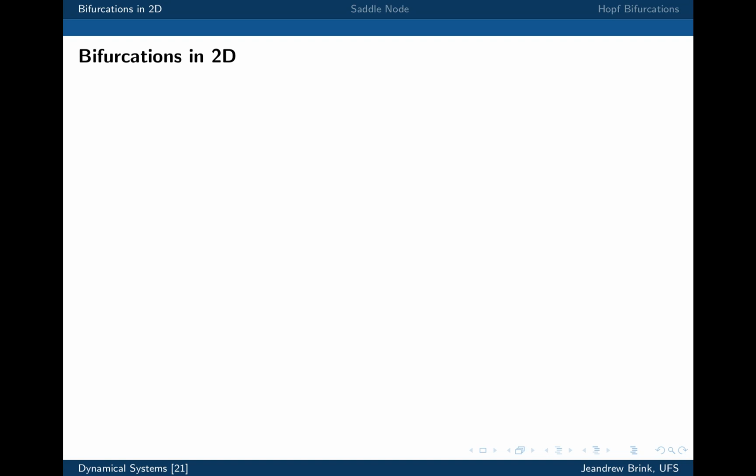But there's a whole bunch of additional things, because you must remember that in 2-dimensional systems you have fixed points and limit cycles. You can have fixed points becoming limit cycles, limit cycles disappearing, and limit cycles becoming fixed points in several different ways. So we're going to explore all those possibilities and enlarge the idea of bifurcations.